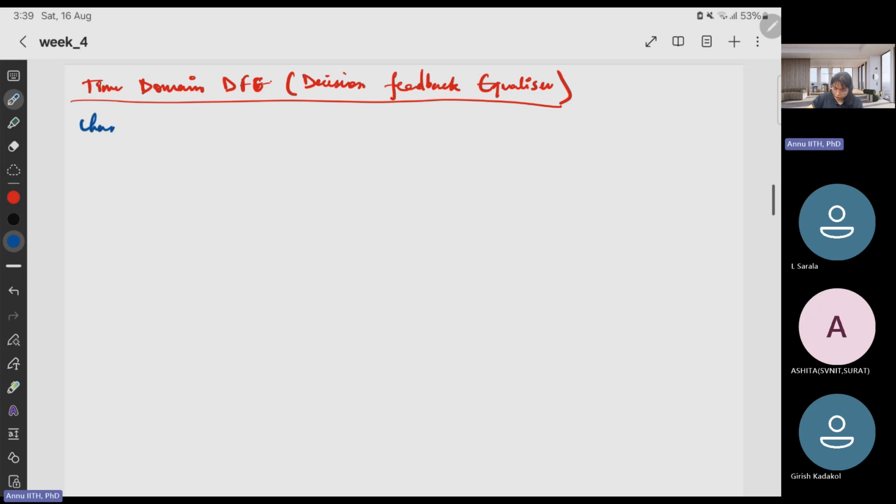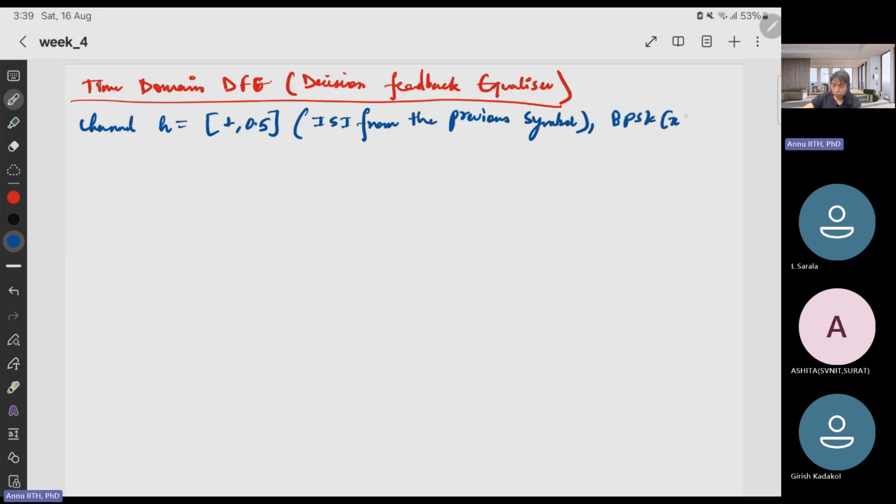Suppose you have a channel H equal to 1.5, where the channel is from the previous symbol, or the ISI from the previous symbol, with BPSK, which is x[n] as we know.